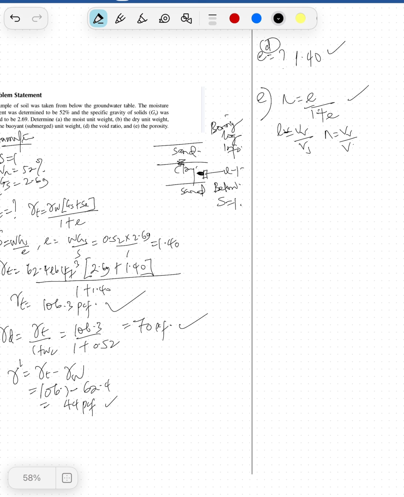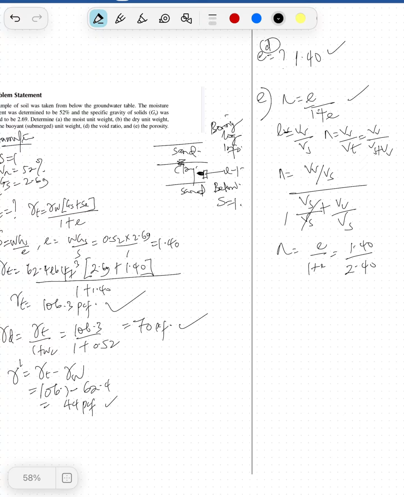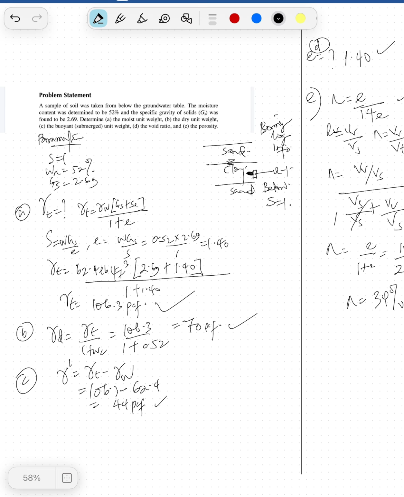Porosity is volume of void over total volume. If you divide volume of void by volume of solid, and total volume is volume of solid plus volume of void, then volume of solid divided by volume of solid is 1. So porosity is e over 1 plus e, so 1.4 over 2.40. It's usually in percentage, which is 34%. So that is how to solve this kind of question.